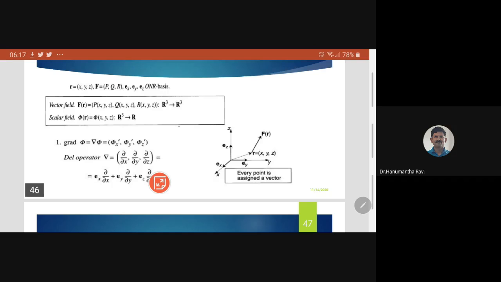When it comes to gradient, it is defined like this. We call it grad of phi, that is for a scalar function. So it is the del operator. Del is equal to do by do x plus do by do y plus do by do z, and people may represent it like this: in place of e subscript x we can use i bar, in place of e subscript y we can put j bar, and in place of e subscript z we can place k bar.